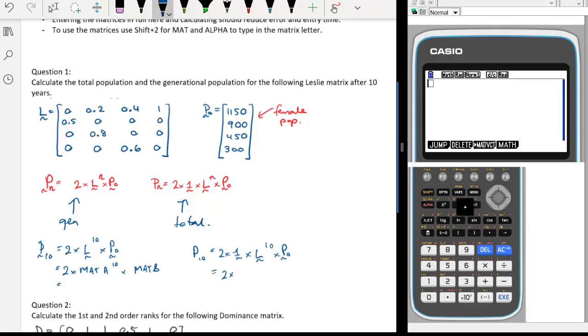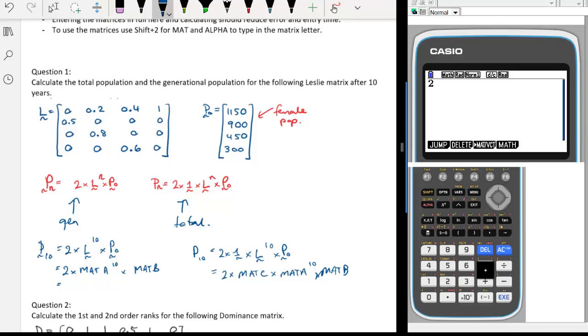So 2 multiplied by matrix C, multiplied by matrix A to the power of 10, and then multiplied by matrix B.